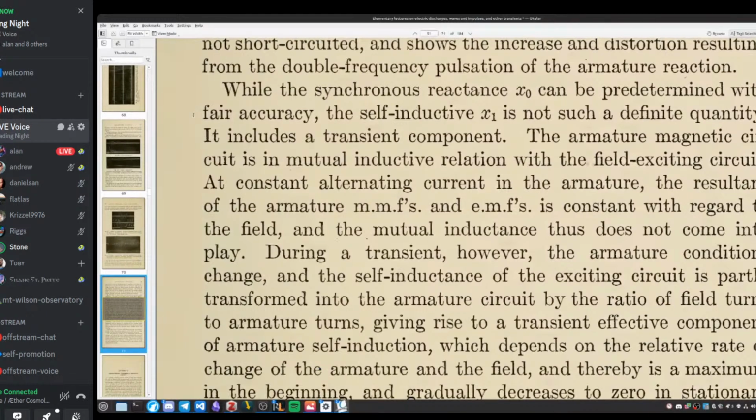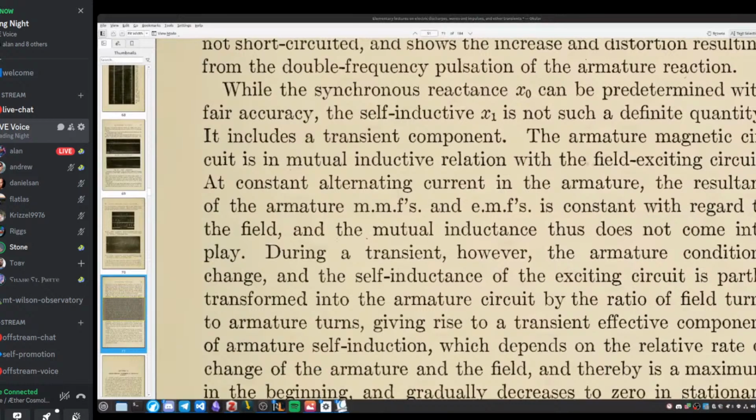The armature magnetic circuit is in mutual inductive relation with the field exciting circuit. At constant alternating current in the armature, the resultant of the armature MMFs and EMFs is constant with regard to the field, and the mutual inductance thus does not come into play.